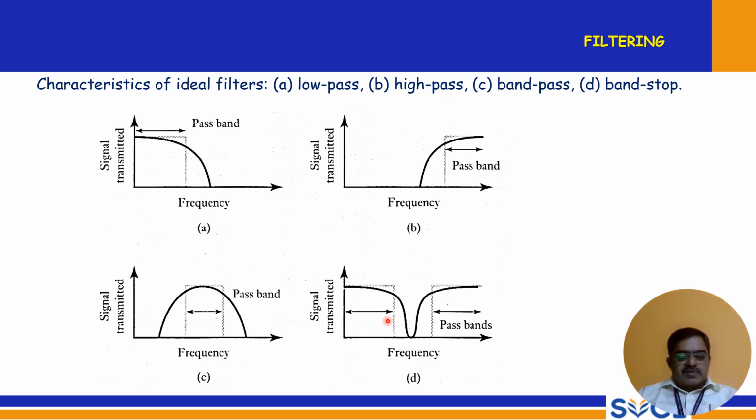So pass bands are everywhere except certain frequencies that are stopped. So here you will have more than one pass band on either side of the stop band. So these are the four types.